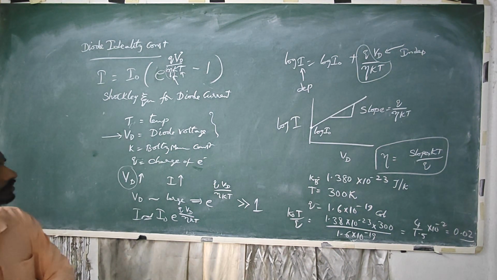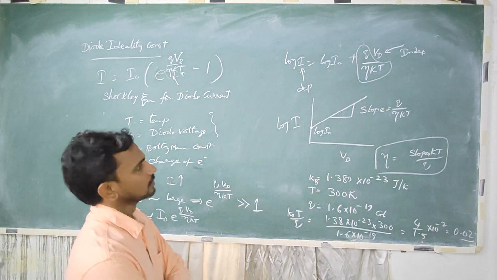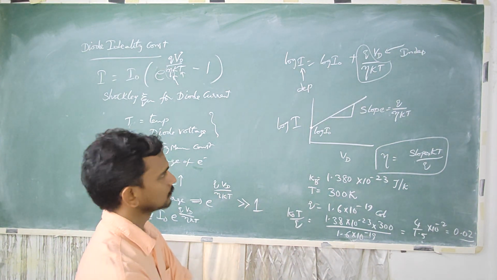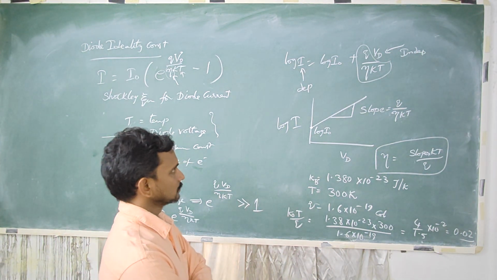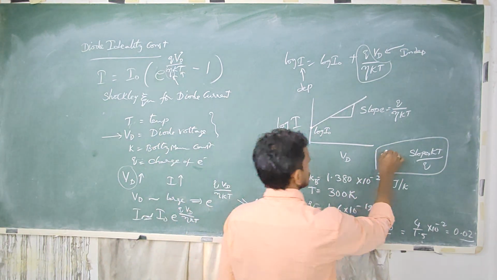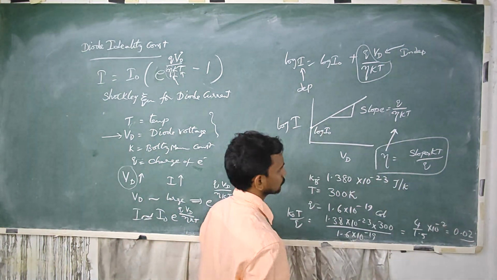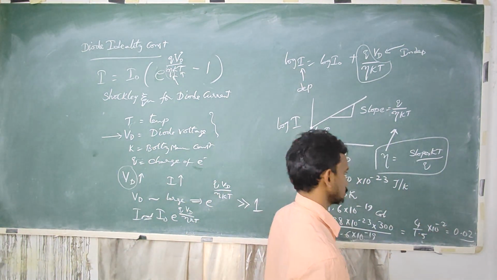Confirm that value. So this eta value is whatever slope you get multiplied by 0.02.